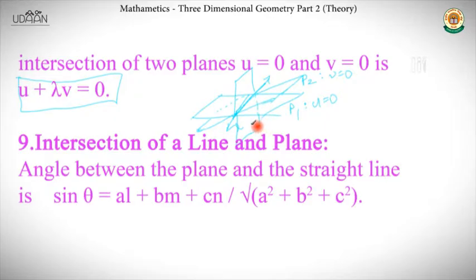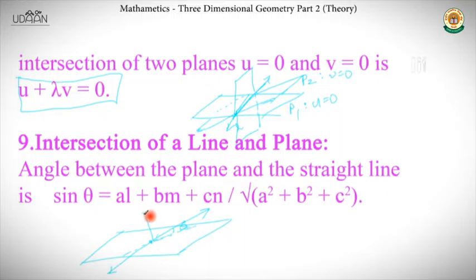Now we'll see the intersection of a line and a plane, as well as the angle between them. So here we have a plane and also a line which intersects the plane. The angle between the plane and the straight line is this theta.